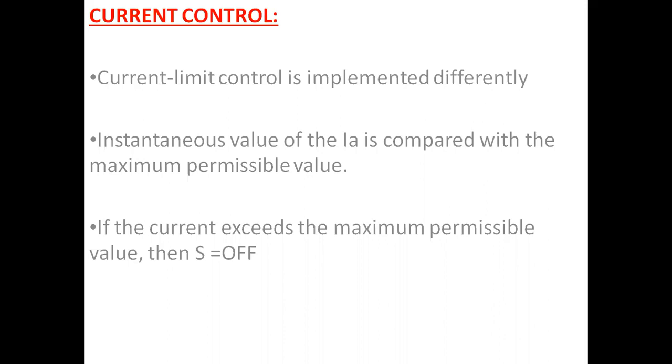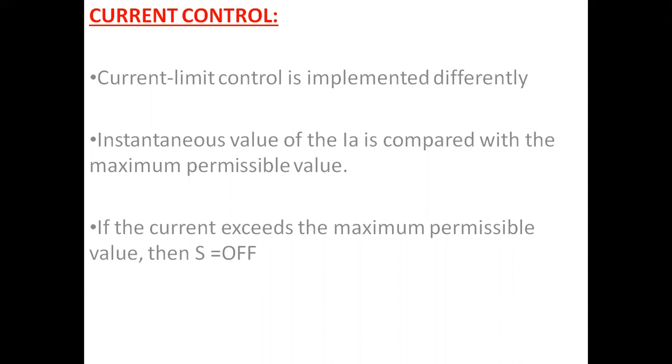If the current exceeds the maximum permissible value, then S is switched off. This is the advantage of using a self-commutated switch. It automatically adjusts the duty ratio so that the current is maintained within safe limits. So this is current control, a very advantageous method.